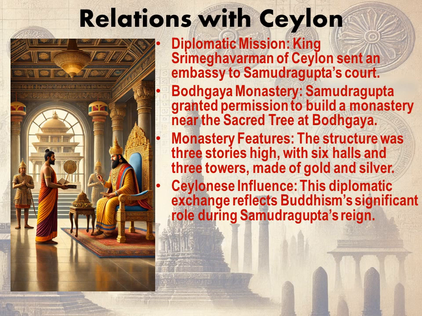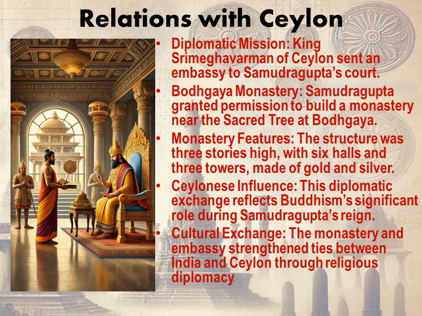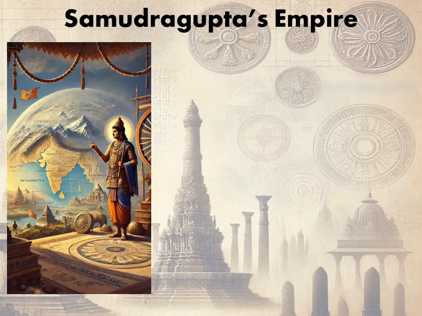So the building of a monastery near the sacred tree at Bodh Gaya reflects the fact that there was a significant role of Buddhism in Samudragupta's reign. The monastery and embassy strengthened ties between India and Ceylon through religious diplomacy. So, this monastery and embassy were very important for building a bridge between India and Ceylon through cultural and religious interactions.